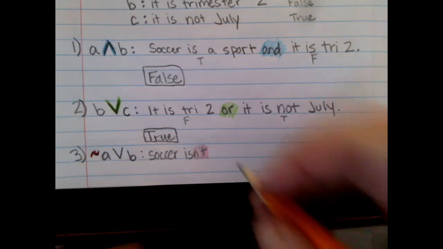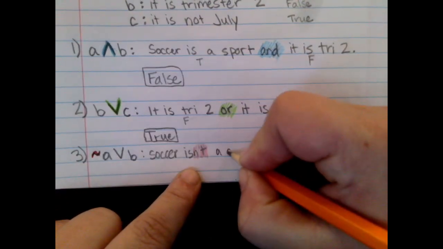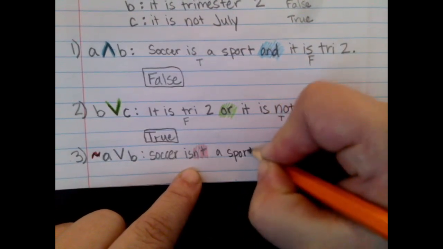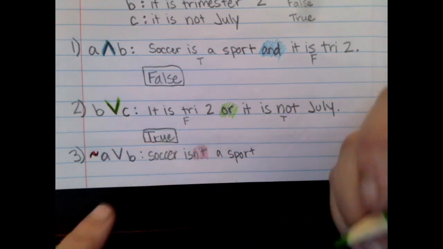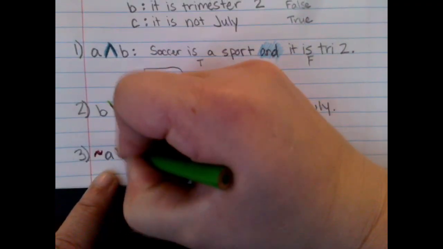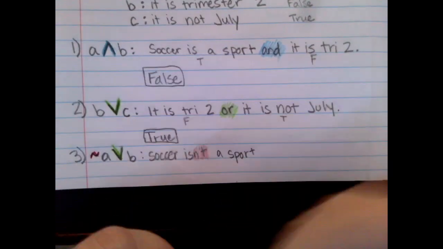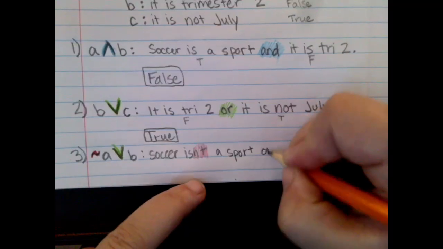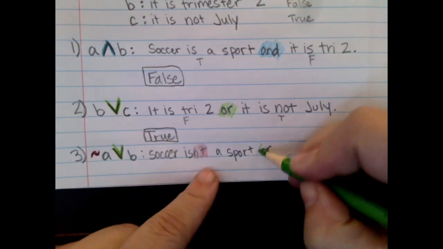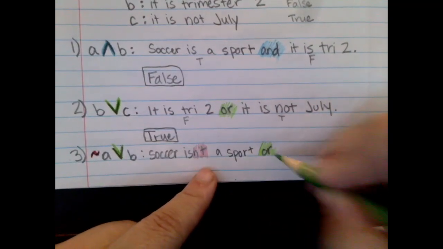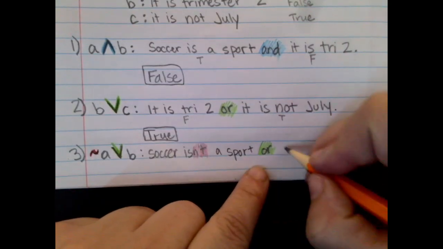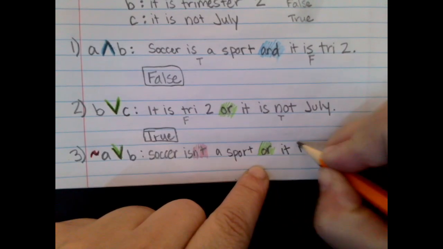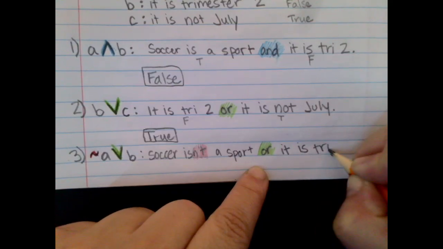Okay, soccer isn't a sport. Okay, and then do we have an and or an or? Or. And then we're connecting it with trimester, or it is trimester 2.